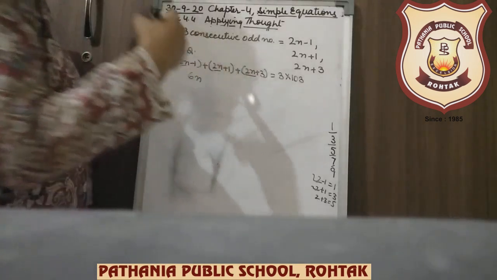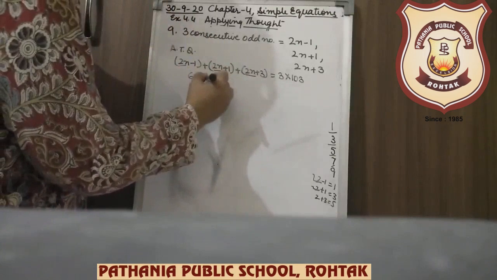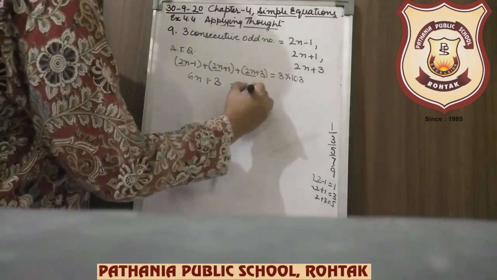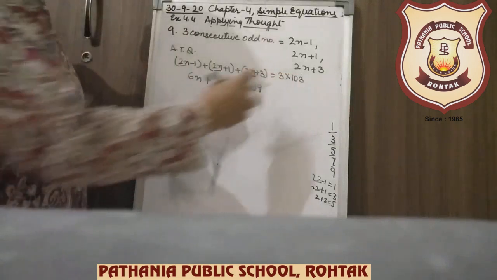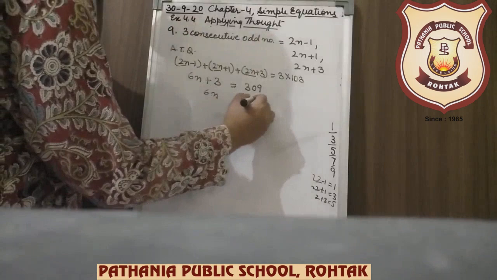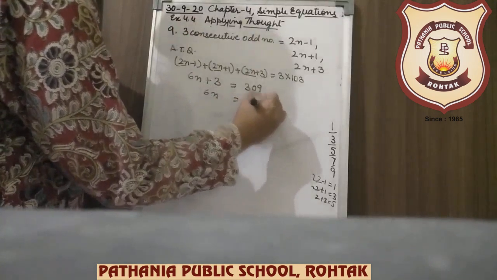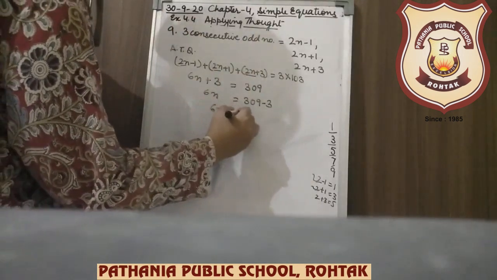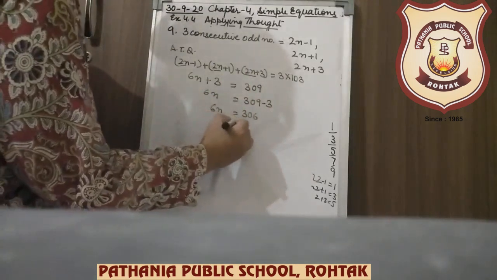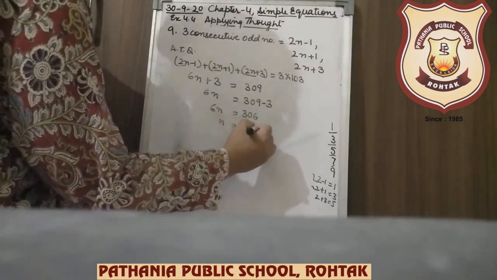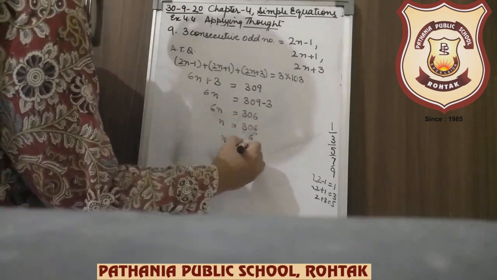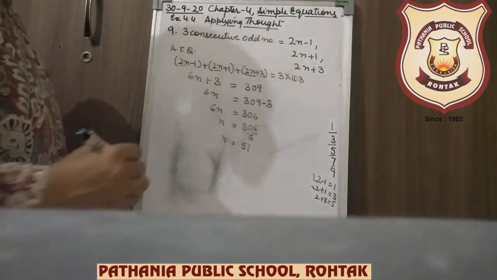Minus 1 plus 1, 0 and plus 3 is equal to 309 when you multiply it. 6n is equal to 309 minus 3. 6n is equal to 306. n is equal to 306 upon 6. So n is equal to 51.